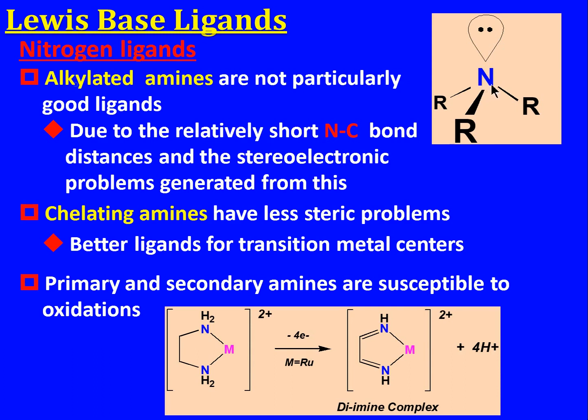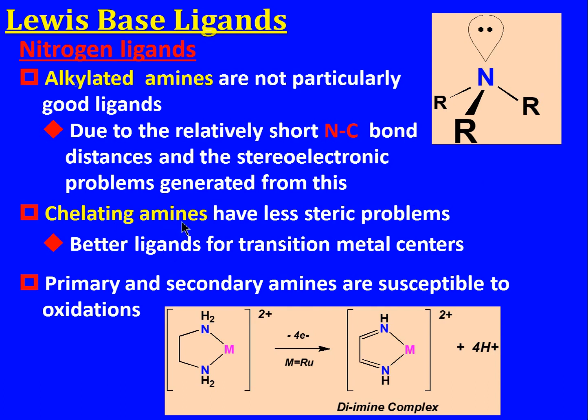Since we have overlap between the orbitals of nitrogen and carbon, that makes the N-C bond short, so the alkylated amine would not be a good sigma donor due to the steric effect. In other words, the lone pair of nitrogen is hidden due to the steric effect of the alkyl groups.